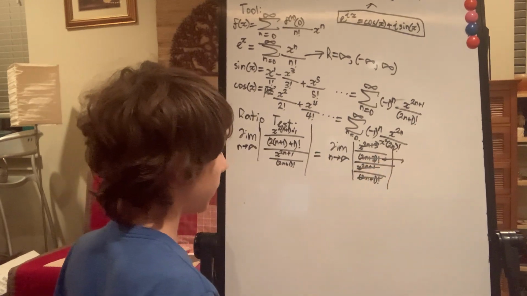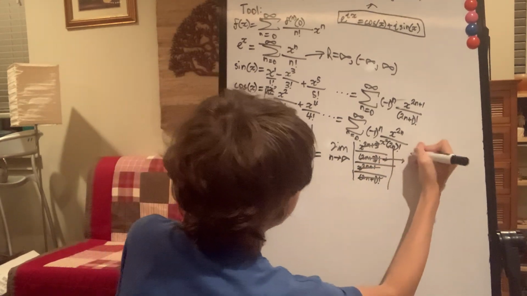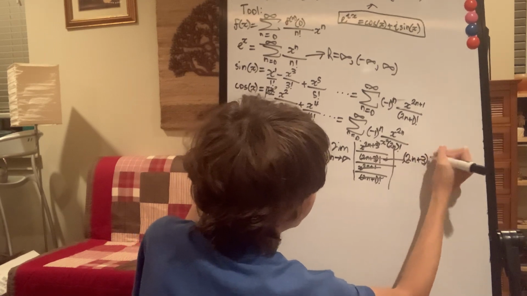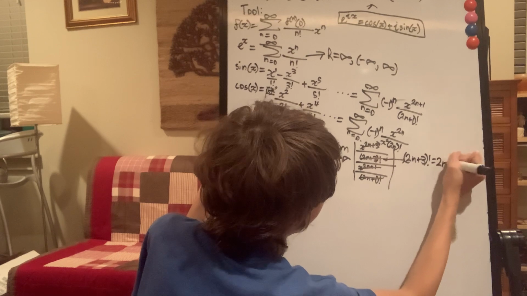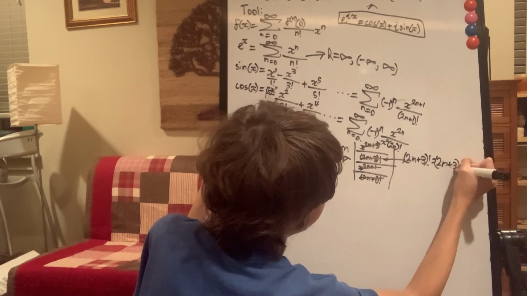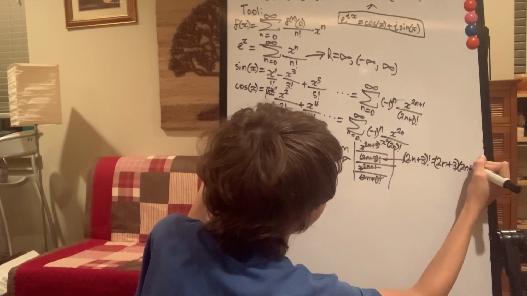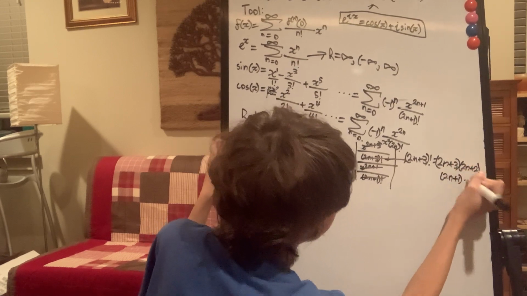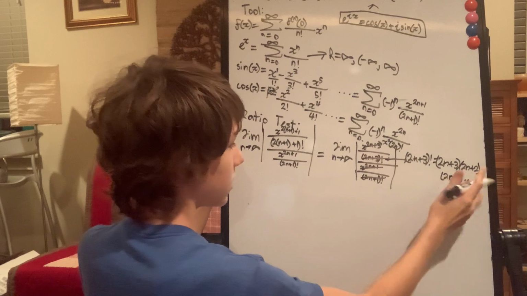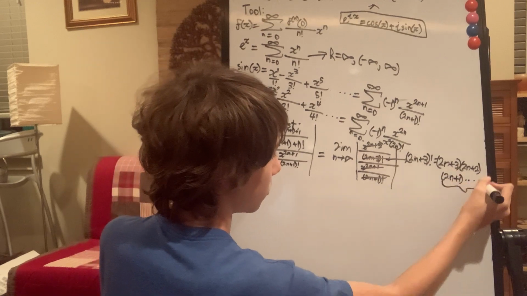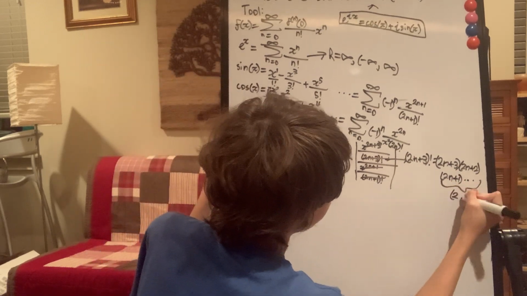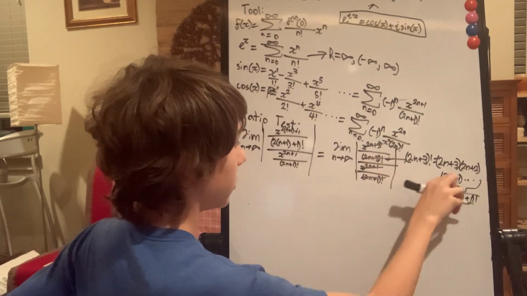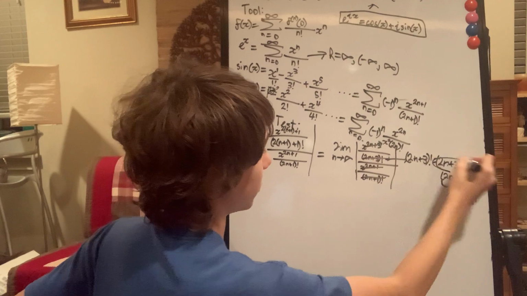Here, this will cancel. Here we're going to be left with a factor of, you kind of have to think about this. 2n plus 3 factorial equals 2n plus 3 times 2n plus 2 times 2n plus 1, etc. But notice that this segment is just going to be 2n plus 1 factorial. This will cancel with that, and we're just left with a factor of this.